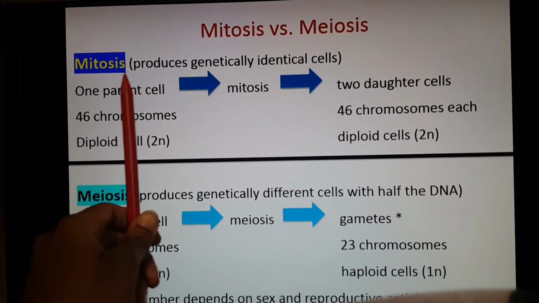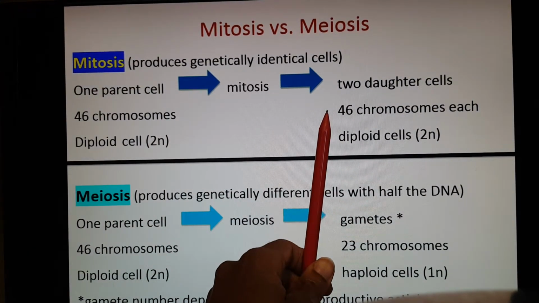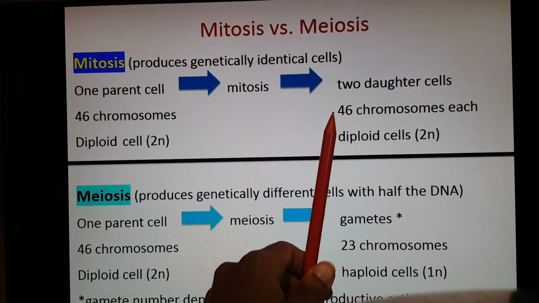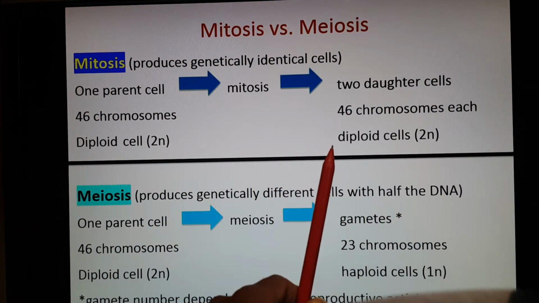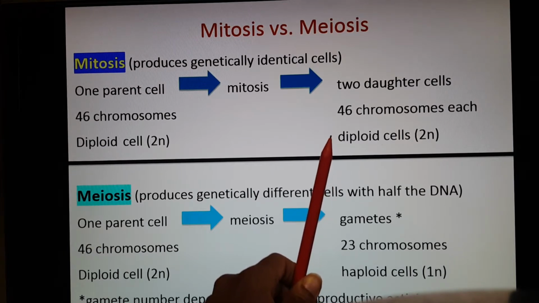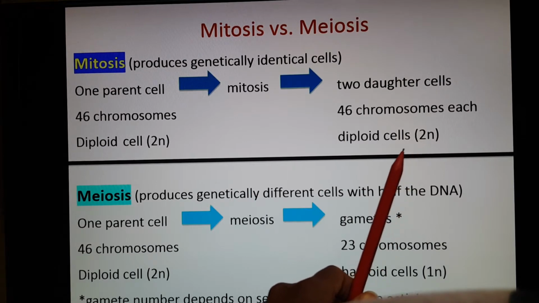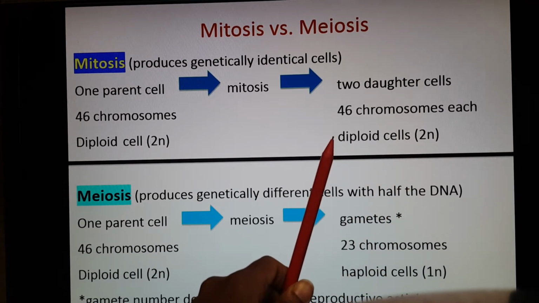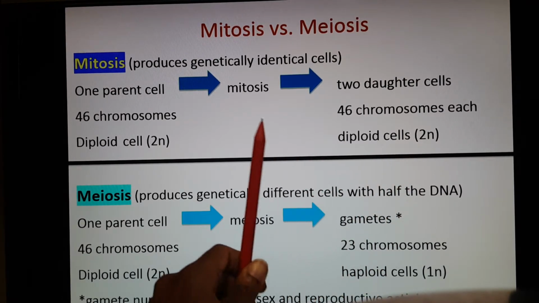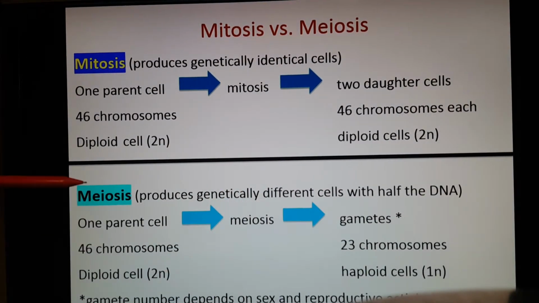This one parent cell will go through mitosis to produce 2 new daughter cells. Each of them is going to have 46 chromosomes, all single-stranded, and these newly created cells are also diploid cells, just like the parent cell, again with the 2N denotation. And these 2 daughter cells are genetically identical to the parent cell.